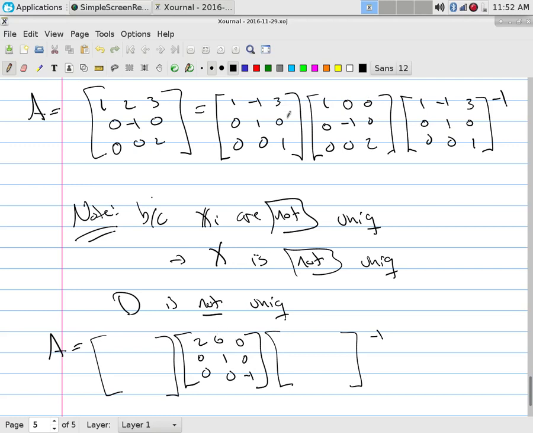Who was 2's vector? It was 3, 0, 1, so it has to go 3, 0, 1. Who was 1's vector? Well, 1's vector was 1, 0, 0, so it has to go 1, 0, 0. Who was negative 1's vector? Well, negative 1's vector was minus 1, 1, 0, and so that's minus 1, 1, 0. I can choose to put the order of the values. The values aren't specified in a particular order. There is no first eigenvalue.